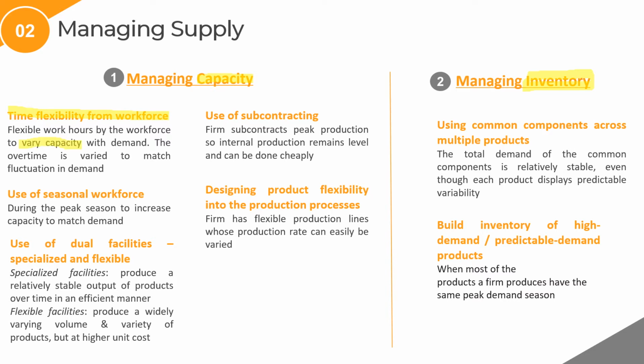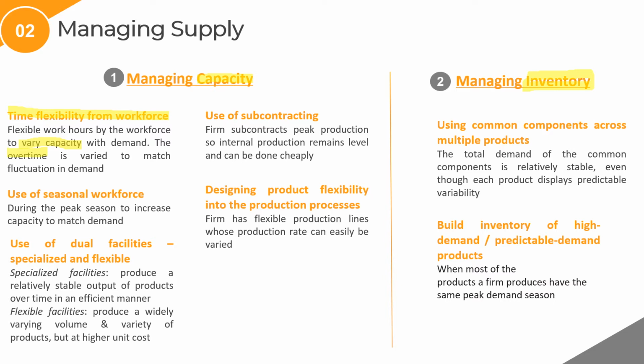Overtime is varied to match fluctuation in demand. Plants do not operate continuously and are left idle during portions of the day or week. For example, many plants do not run 3 shifts, so the existing workforce could work overtime during peak periods to produce more to meet demand.